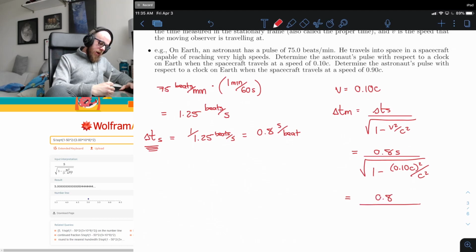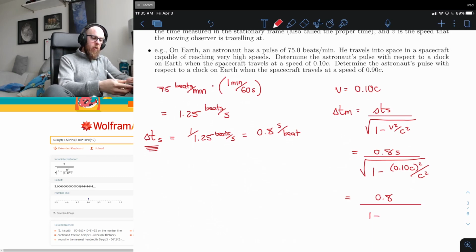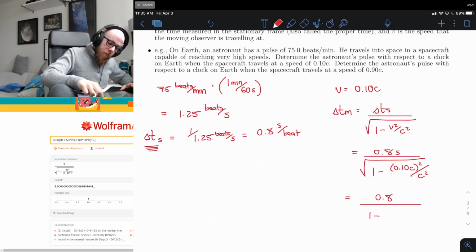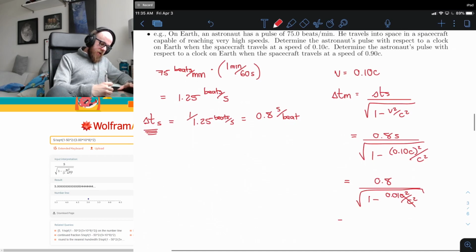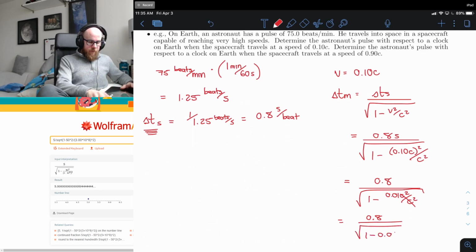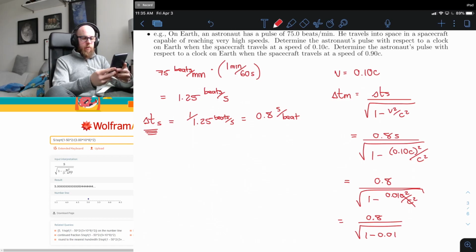You have 0.8 over, and then 1 minus 0.1 squared, that's 0.01, right? So 0.01 c squared over c squared. And here we can see that the c squareds will cancel out. Okay? And then that whole thing is square rooted. So we get 0.8 over the square root of 1 minus 0.01. Okay, so let's see what we get when we plug that in.